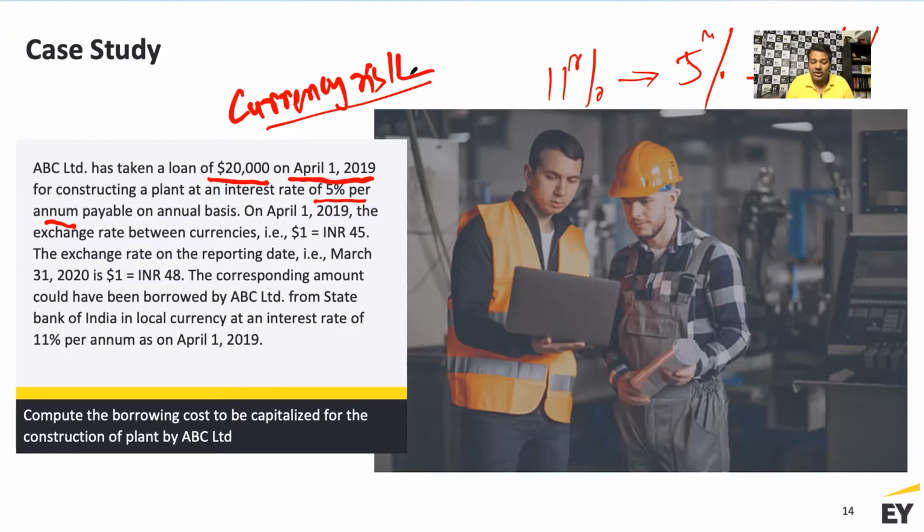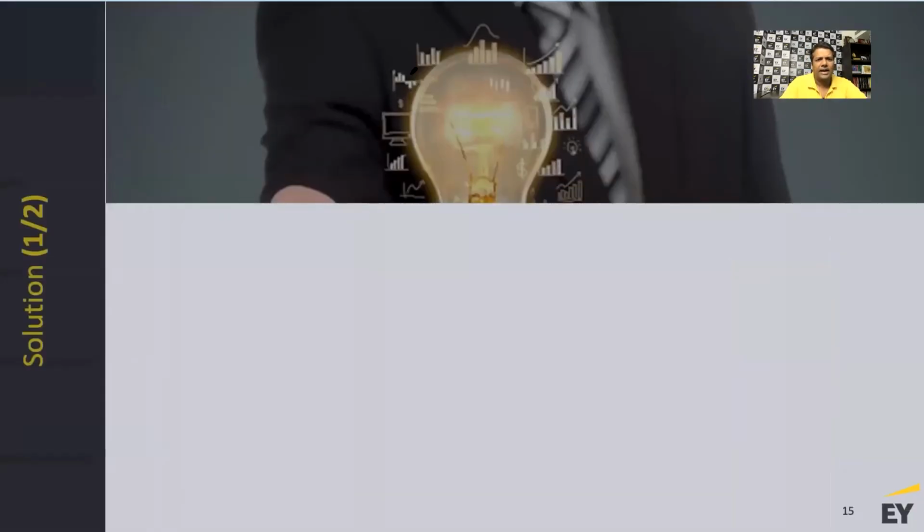That's where the classification also happens in the P&L: the exchange loss, to the extent it represents the interest saved, gets classified as part of interest cost, and the balance gets classified as exchange loss. Here we need to compute how much of that is actually interest eligible for capitalization.